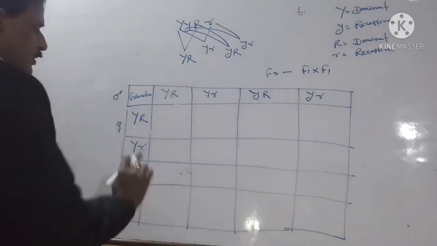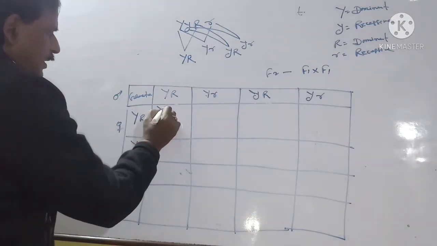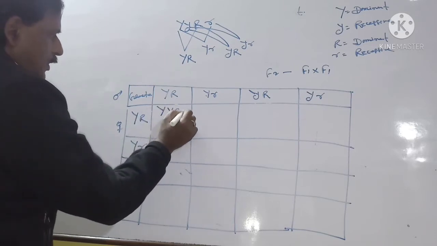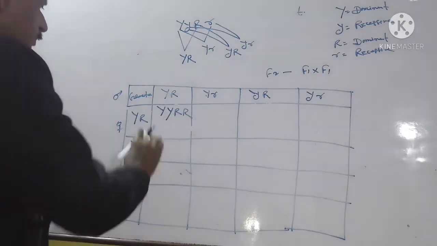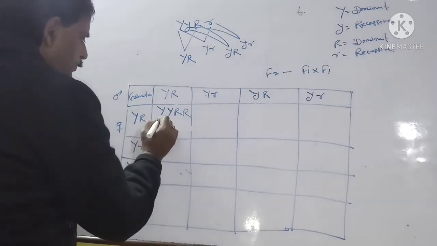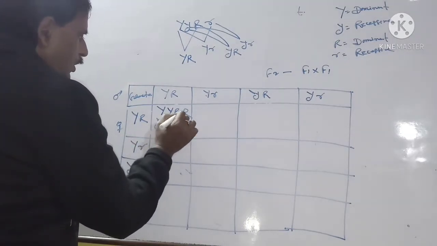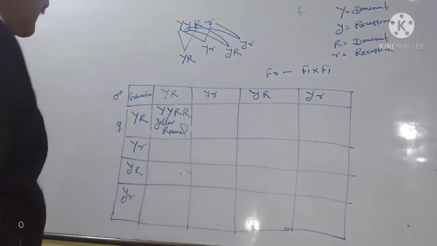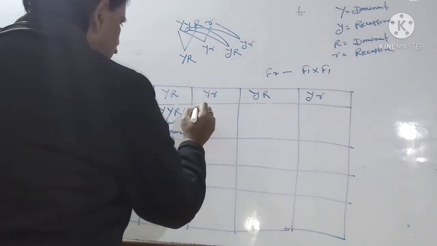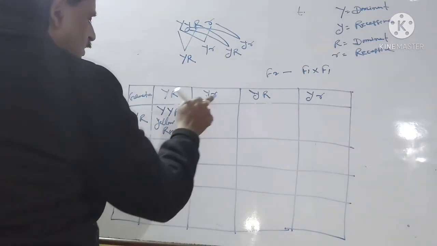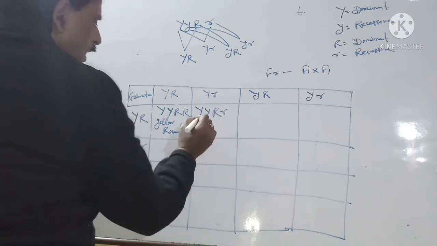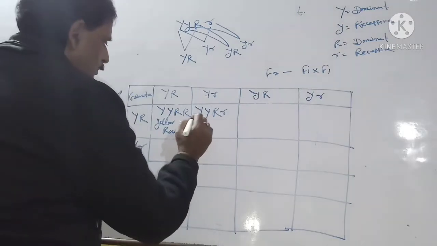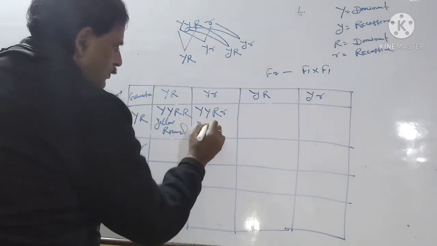Now we cross capital Y, capital Y, then capital R, capital R. The given plant is yellow and round. Next is capital Y, capital Y, capital R, small r. Capital Y is dominant, so the color is yellow.